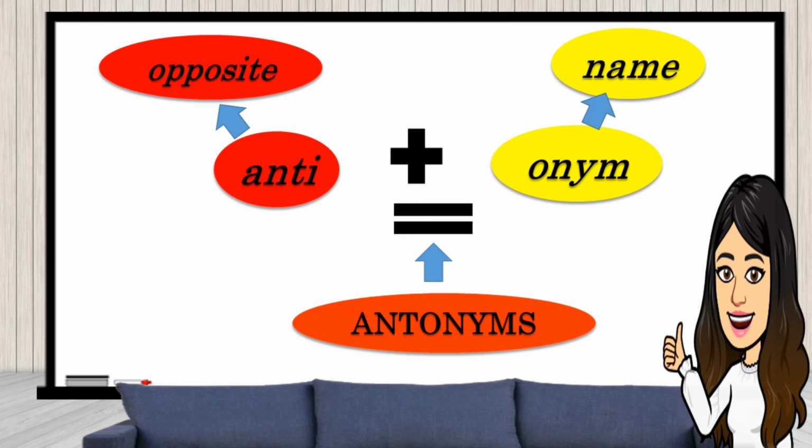Therefore, we have opposite name, and that makes sense. Since the English language is so complex, people may disagree about which words truly have opposite meanings. With the examples we have, we are going to try to clear that up and offer some tactics for choosing the most appropriate word every time.